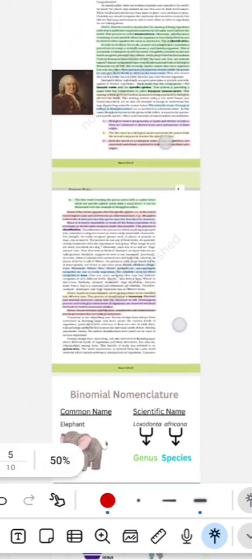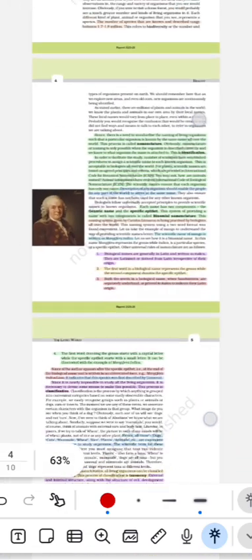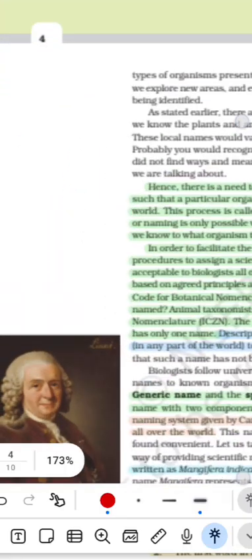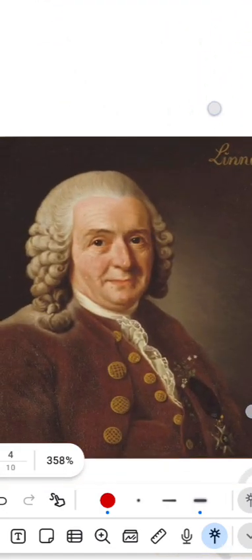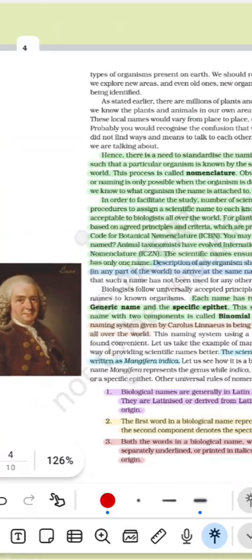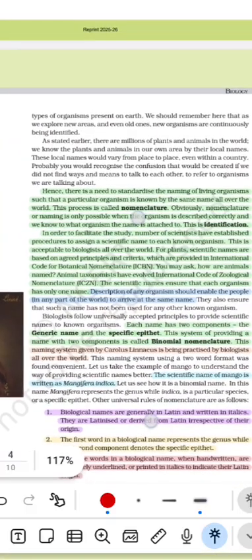So this is the importance of binomial nomenclature, proposed by Carolus Linnaeus, one of the greatest biologists ever.